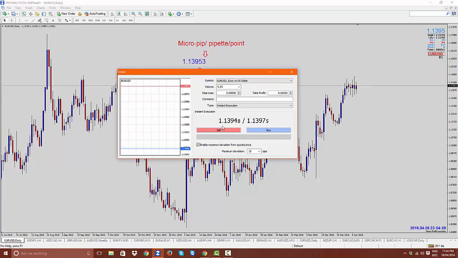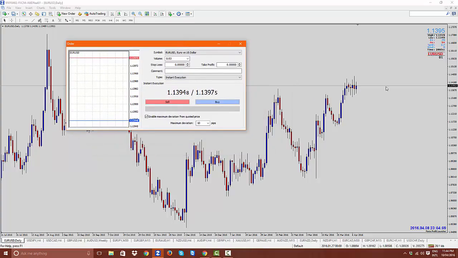For example, now you see the price is 953, right? Now if you sell it, then the price is 948. If you buy it, the price is 975. That means 53 minus 48 is like 1.5 pips. So that 1.5 pip difference is what the broker will make every time that you place a trade.